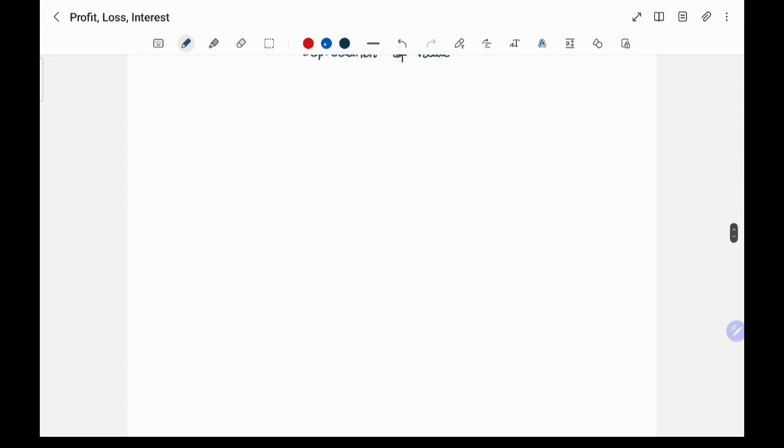First we have profit and loss. So what is profit and loss? In day-to-day life we have many transactions with money, right? In a general market, we buy a good. Good is like the singular of goods.